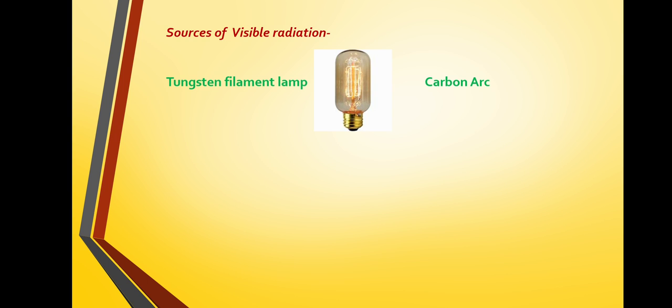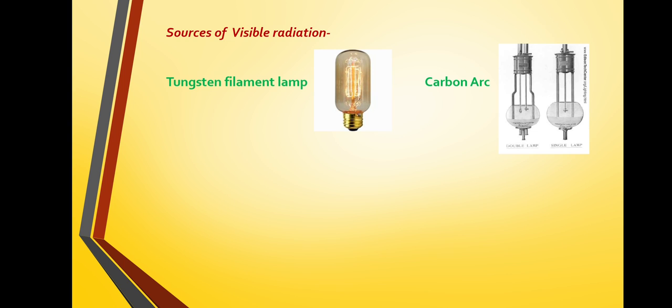It is inexpensive and emits continuous radiation in the range between 350 and 2500 nanometers. The carbon arc provides more intense radiation and is used in a few commercially available instruments.